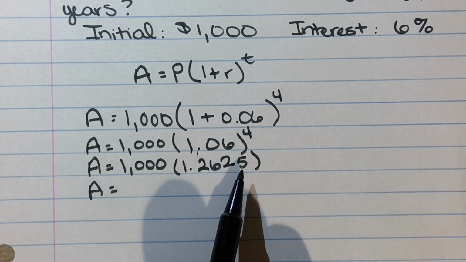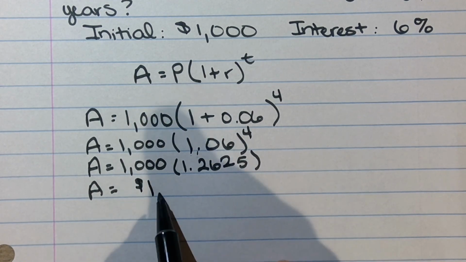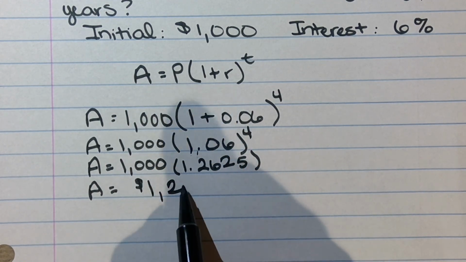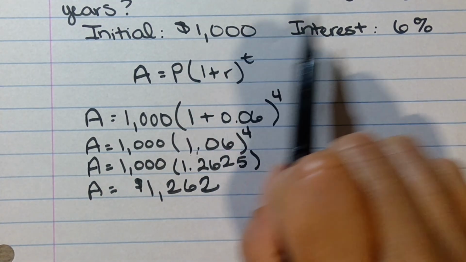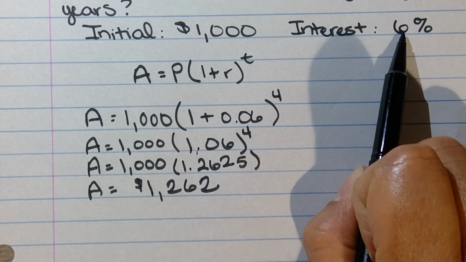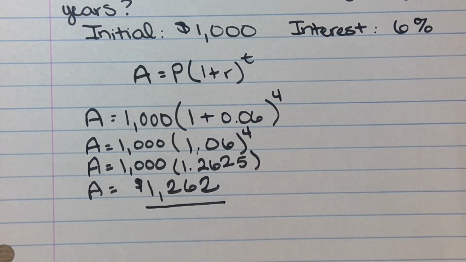And I'm not going to utilize any decimals. I'm just going to round it to the nearest dollar. Is $1,262. So if you start with 1,000 at an interest rate of 6%, after 4 years, this is the amount that you will have.